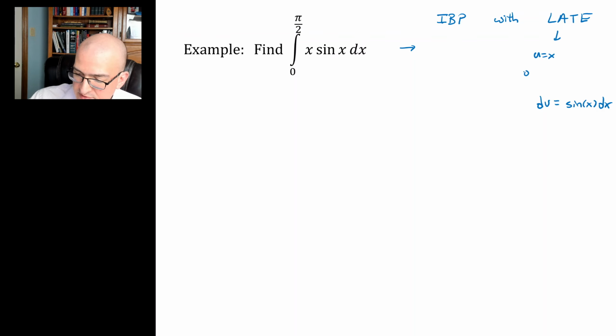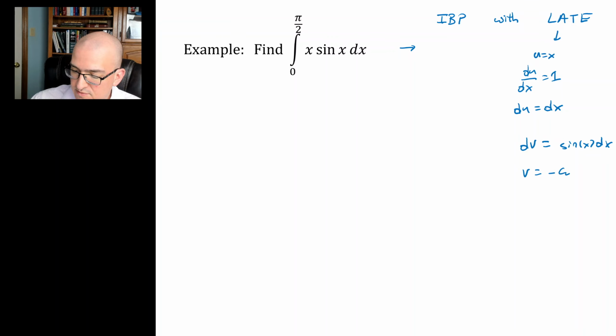I can take the derivative of the substitution. du by dx is equal to 1, and then that means du is equal to dx. For dv, we're going to do the usual. We're going to integrate both sides, and we get v is equal to negative cosine of x.